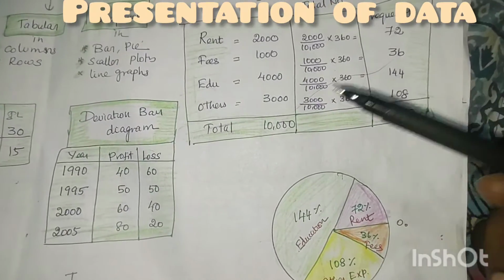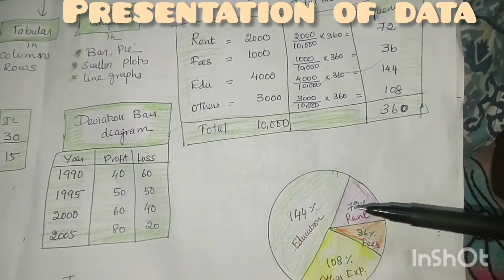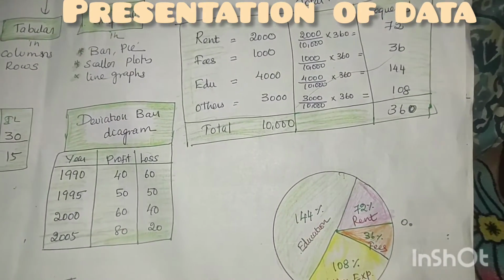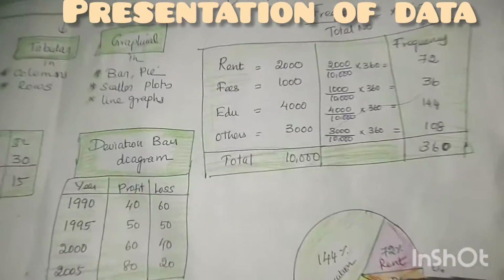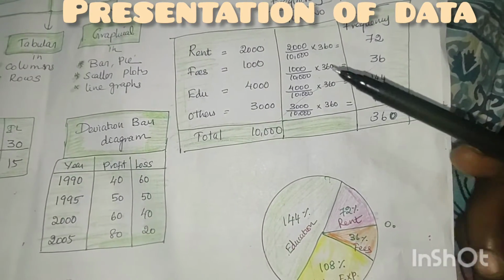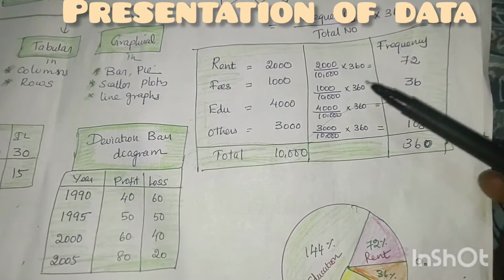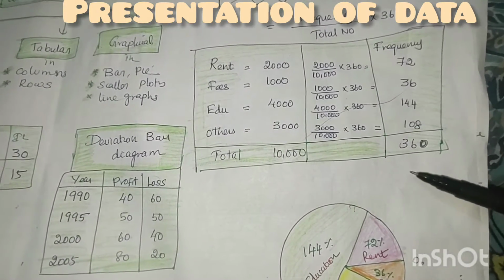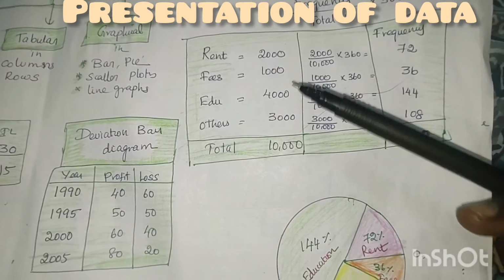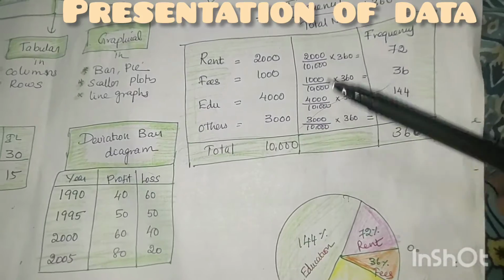So rent, fees, education and other expenditure we are putting. So only 4 we are making. For making this, first you should know how many you are making. When you convert into 360 degrees and count it, it should come to 360. And then you must understand the total number, how to understand the frequency.